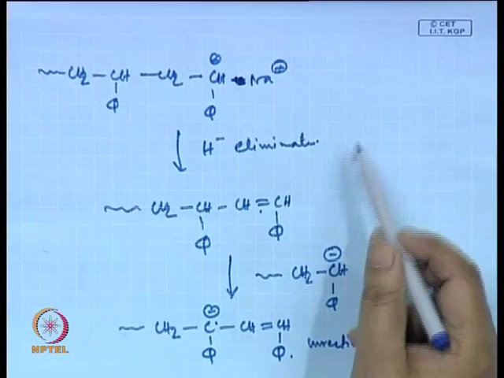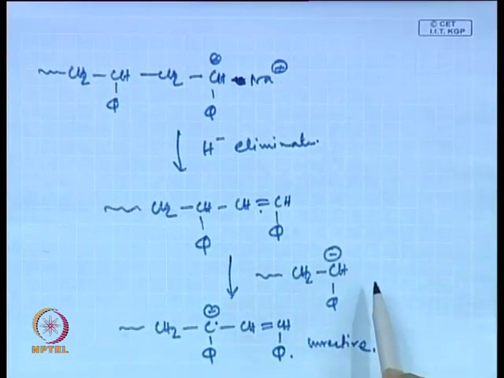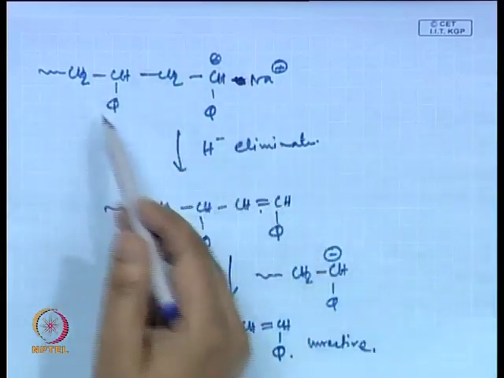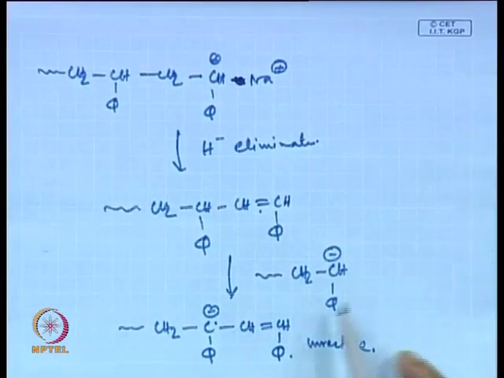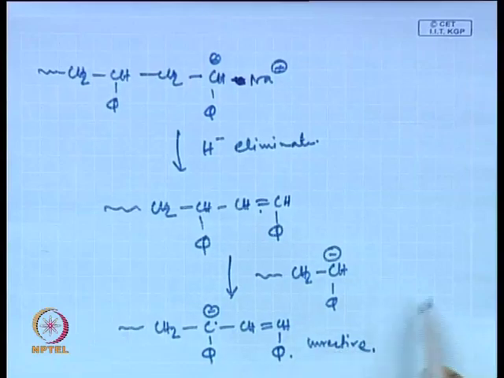So, this is one example by which that polystyryl anion is self terminating and finally ending into an unreactive or terminated polymer chain.